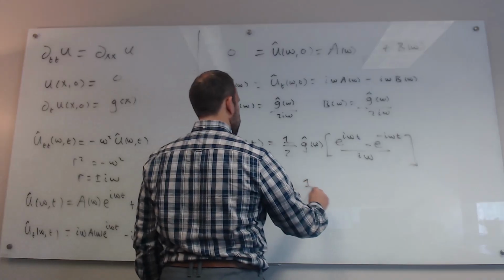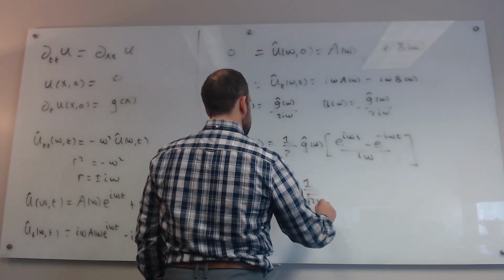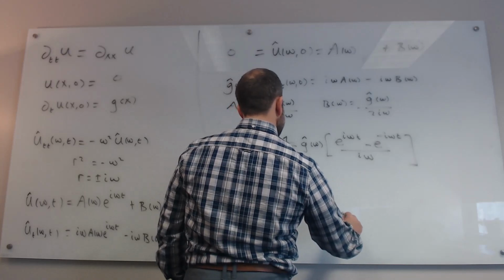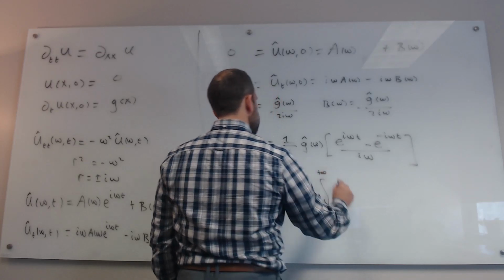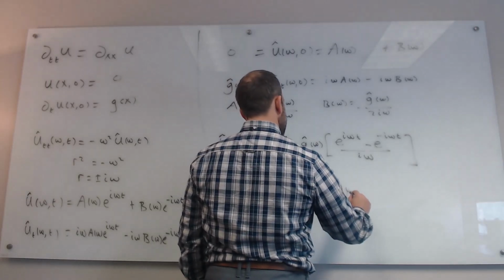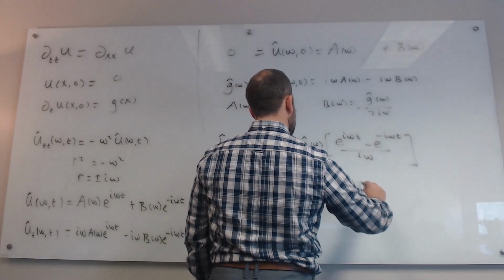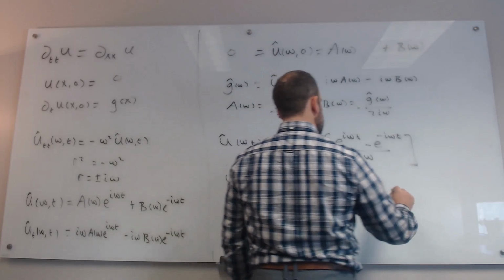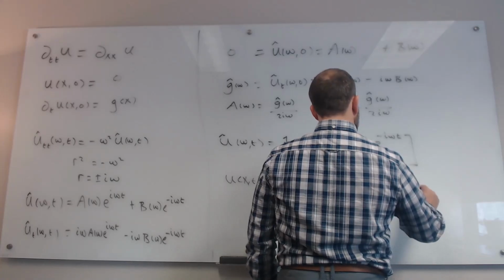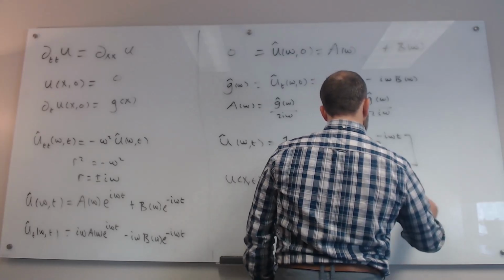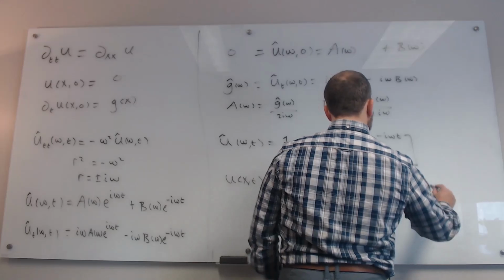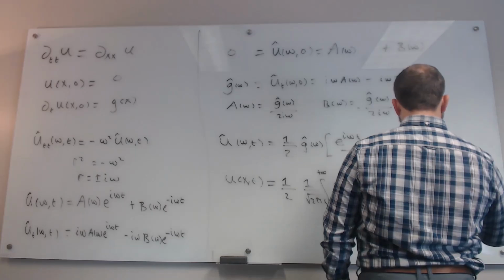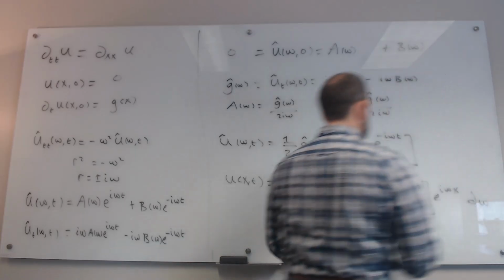It's going to be 1/2 times 1 over the square root of 2 pi times the integral going from minus infinity to positive infinity, g hat of omega times this part right here, which is e to the i omega t minus e to the minus i omega t over i omega. I know I'm in the way, so I'll step out of the way in just a second. And then times e to the i omega x d omega.